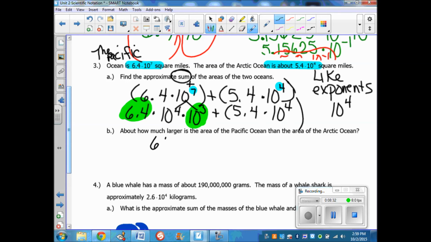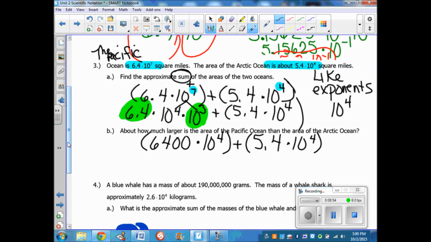So I end up with 6,400 times 10 to the 4th. Now, plus my 5.4 times 10 to the 4th. Now I have like exponents. Now I can go ahead and add those 2 together.